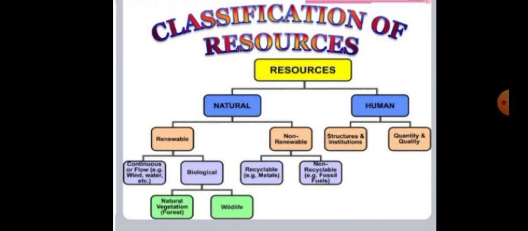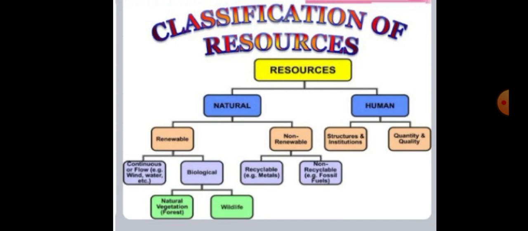Till the earth is there, these resources are available. We have biological resources which have life, the natural vegetation, plant life, and the wildlife. On the other hand, we have the non renewable resources which cannot be renewed. After their usage, they cease to exist. We have the recyclable and non recyclable resources.